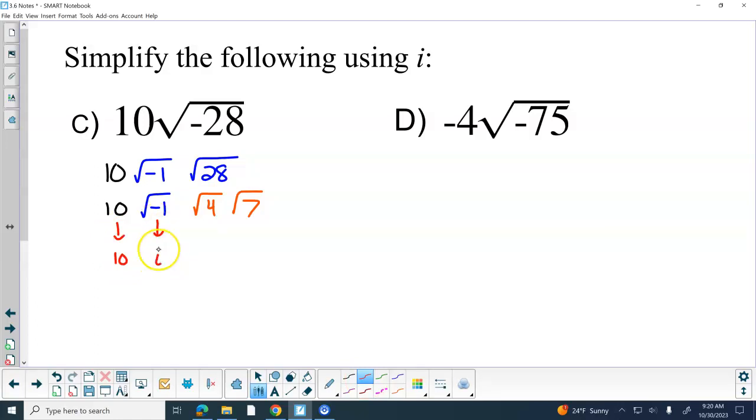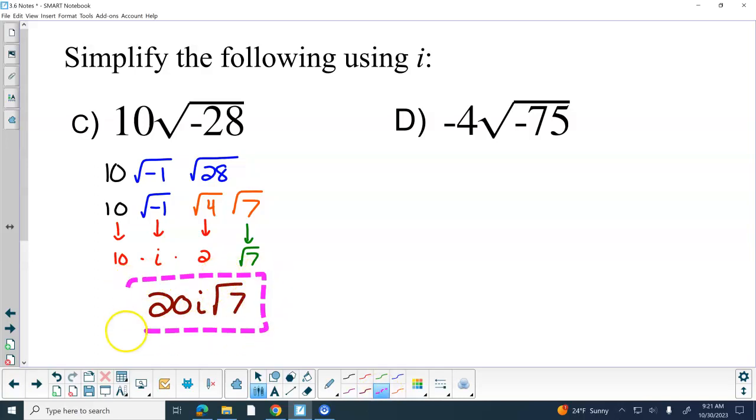Square root of -1 makes i come to the outside. Square root of 4 makes 2 come to the outside. And then the square root of 7 stays there. So on this one, I get 20i times the square root of 7. Agree with that?